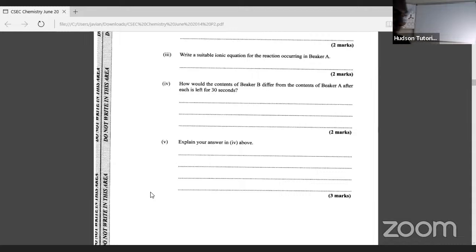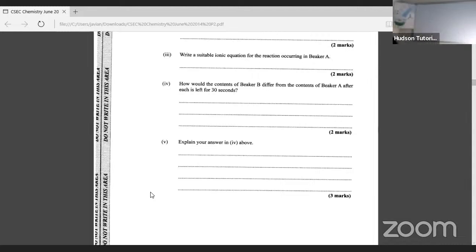That's simply it. And we can even go further into why that is, because the question said explain your answer in IB, why we say that. Remember now, guys, that in beaker A, we have finely divided chips. The finer the chips are, it means that the surface area on a whole is greater.